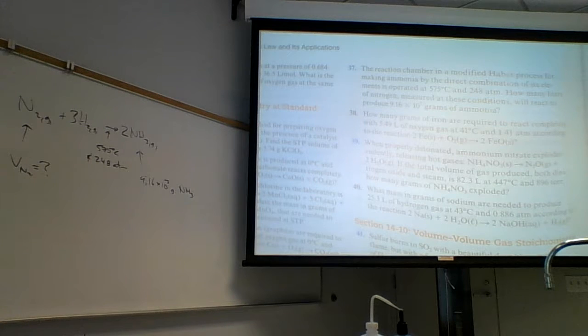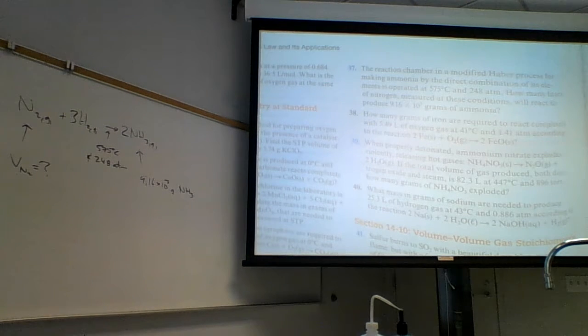We start off with grams of ammonia, which is what we're given, then go to moles of ammonia, and then from moles of ammonia to moles of nitrogen. So we can figure out how many moles of nitrogen there are.